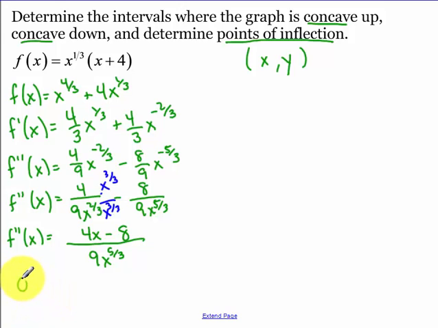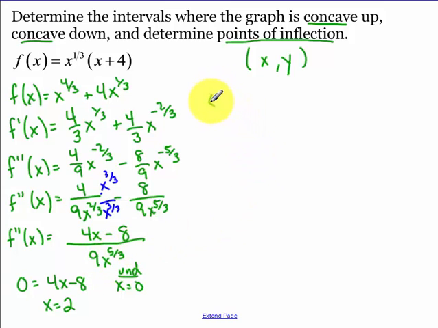So now I set this equal to 0, so really I just need to worry about the top, and that gets me 2. Now you have to look at where your second derivative is undefined, and it's undefined at x equals 0, because that's the number that makes our denominator equal to 0.